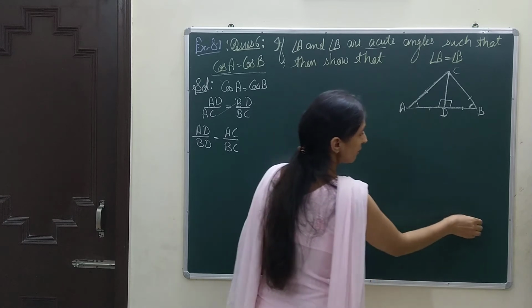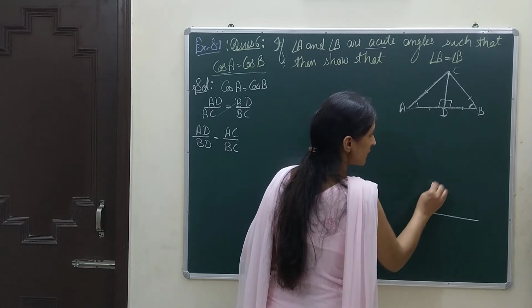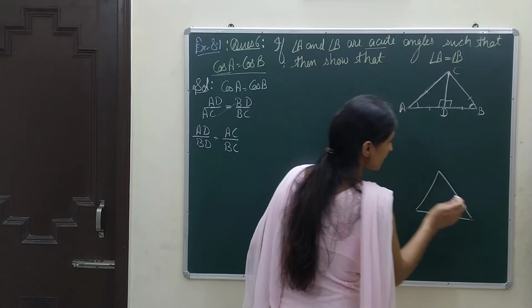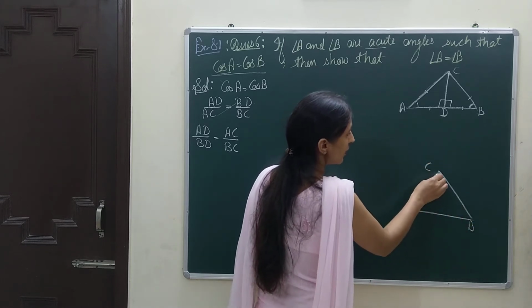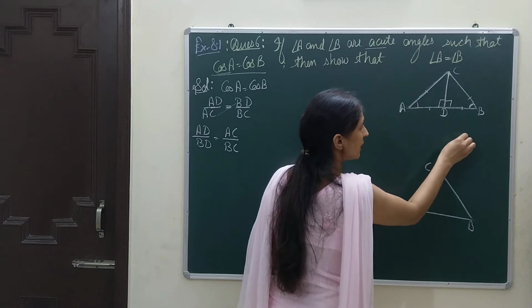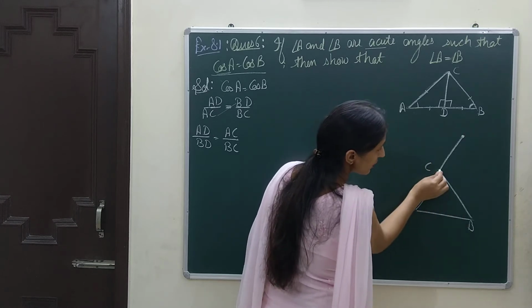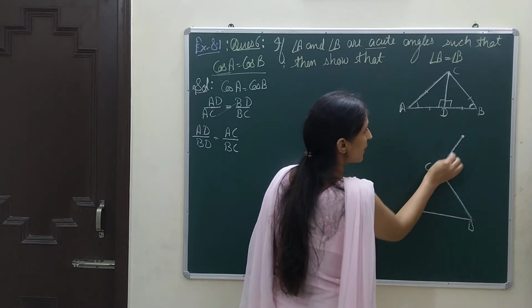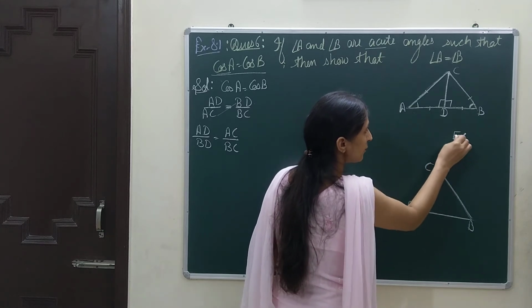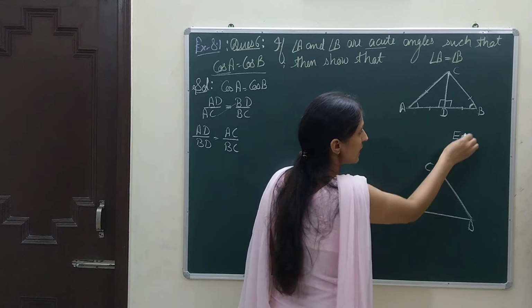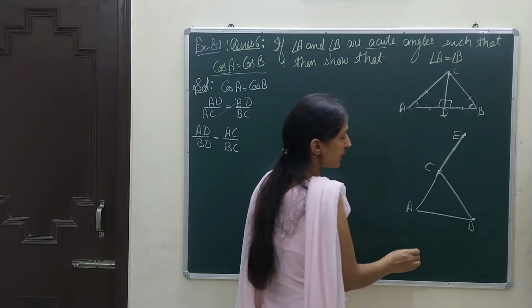Now I am going to do the construction step. Now this is my original triangle ABC. Now I will extend this C to the length E such that BC has the same length as CE. That means I am extending C up to E so that CE length is the same as BC.